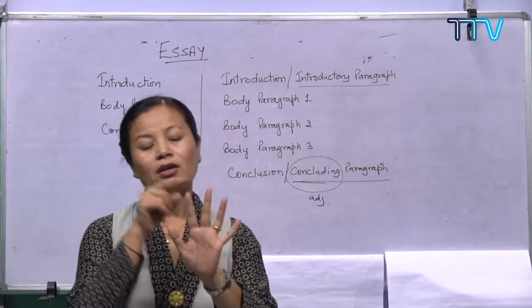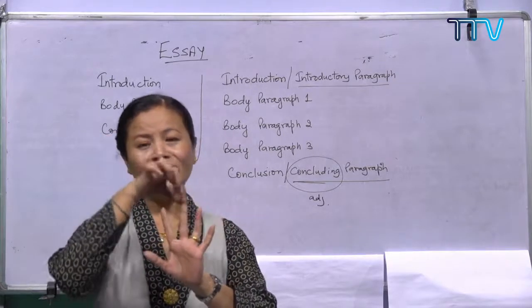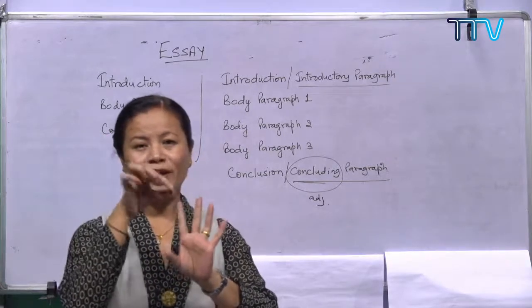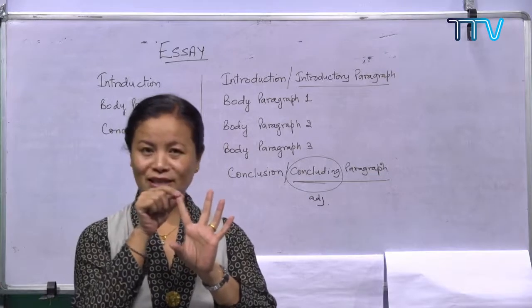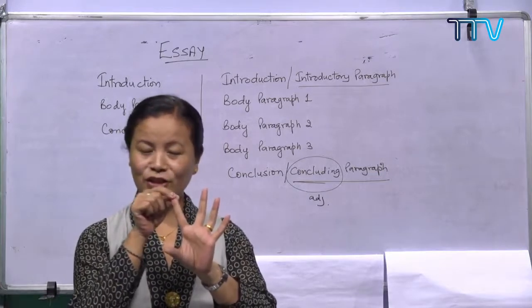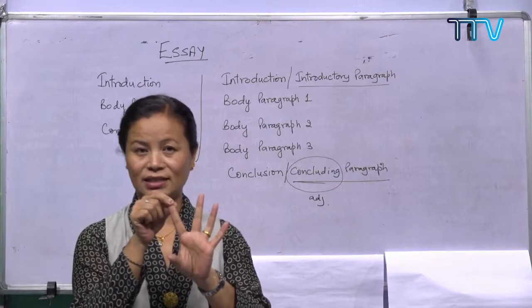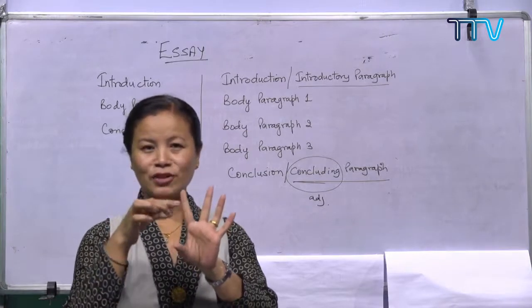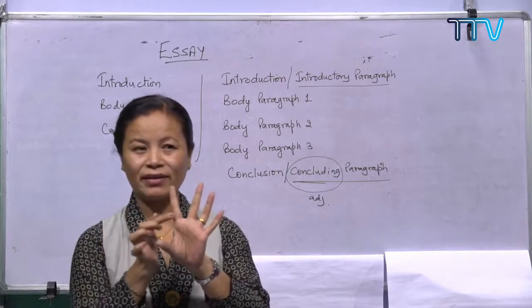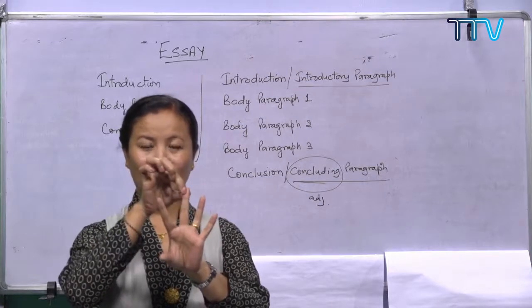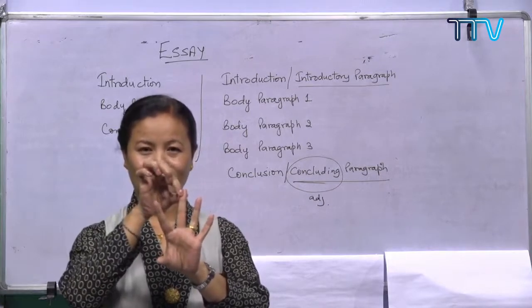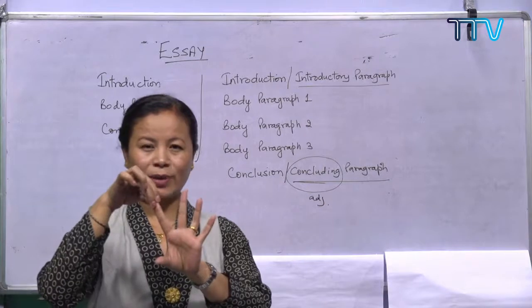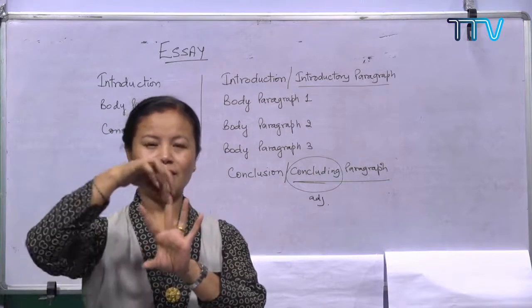Even in these 3 body paragraphs, you need to have a topic sentence. Clear? You need to have supporting details. And then you need to connect this paragraph with the second body paragraph. You can't write this paragraph as a separate thing and that as another separate thing.